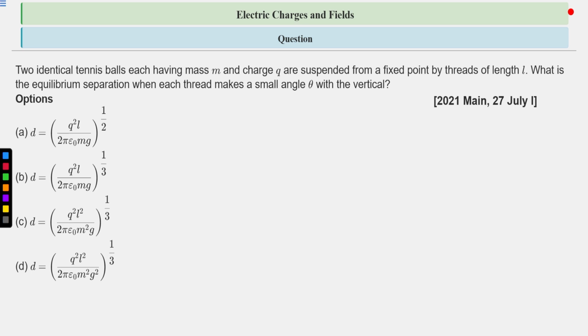D equal to (q square L upon 2 pi epsilon naught mg) raised to power 1 by 2. D equal to (q square L upon 2 pi epsilon naught mg) raised to power 1 by 3. D equal to (q square L square upon 2 pi epsilon naught m square g) raised to power 1 by 3. D equal to (q square L square upon 2 pi epsilon naught m square g square) raised to power 1 by 3. So I will give you some time to think.